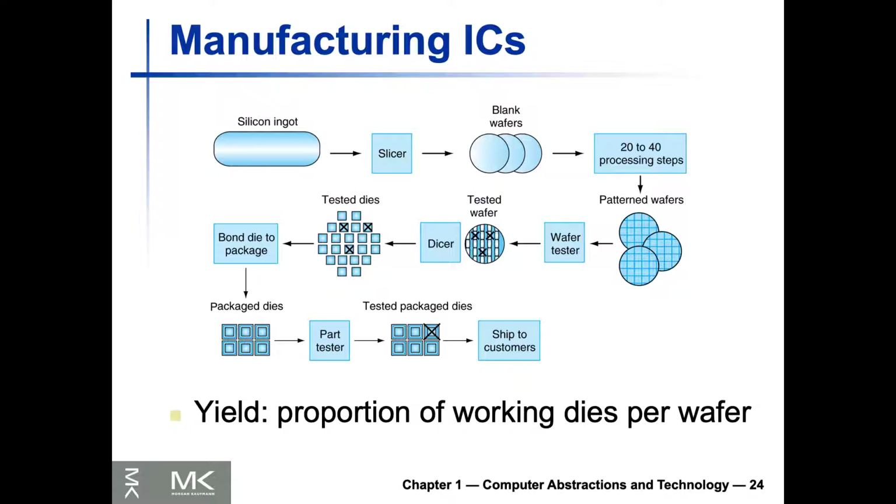So they need to repeat the process with a dicer and then test the dies again. So for this process, we can define a yield metric that gives the proportion of working dies per wafer. Say if one of them doesn't yield anything, then 5 out of 6 yield the performance.